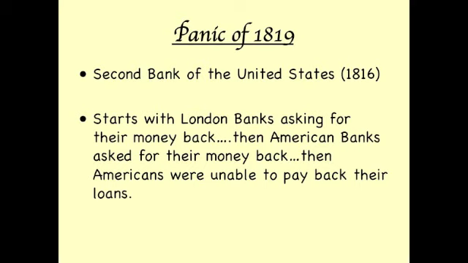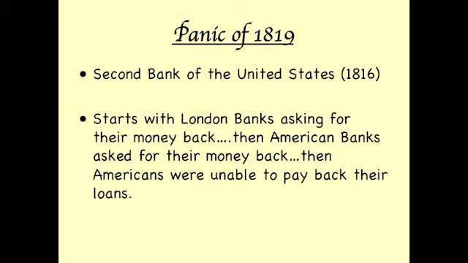In 1819, the U.S. experiences its first Great Depression, and a depression just means a severe economic downturn. Known as the Panic of 1819, it actually begins in England when London banks demand that the U.S. banks repay the money that they owed them.